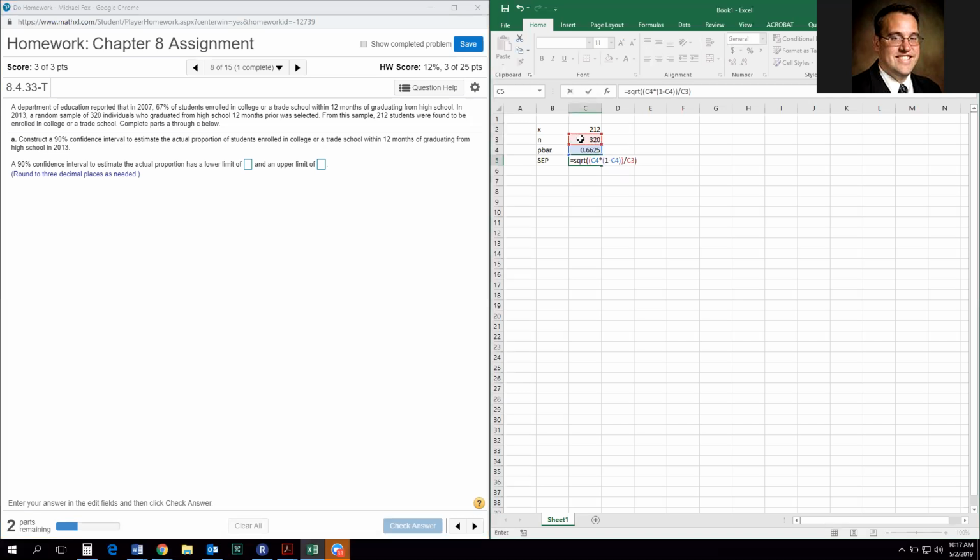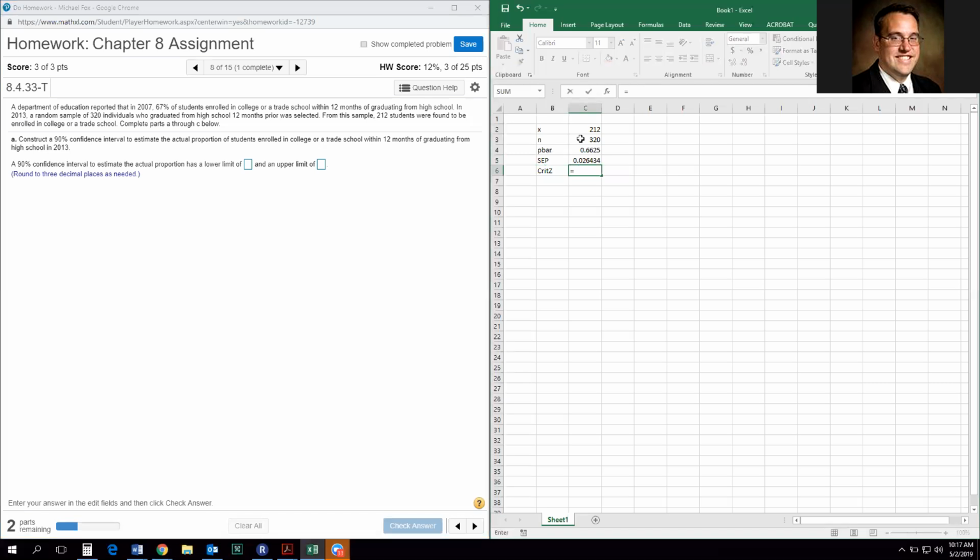So it's the square root of all of that. So that's our standard error of proportion. And then finally, we need the margin of error so we can calculate the confidence interval. In order to calculate that margin of error, we'll need this information, and we'll need our critical z.